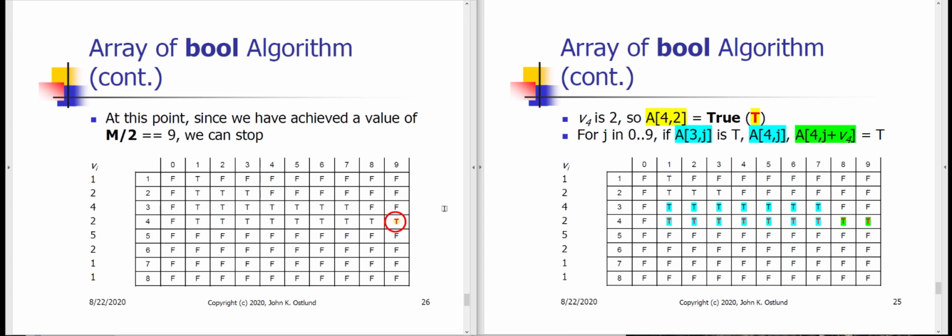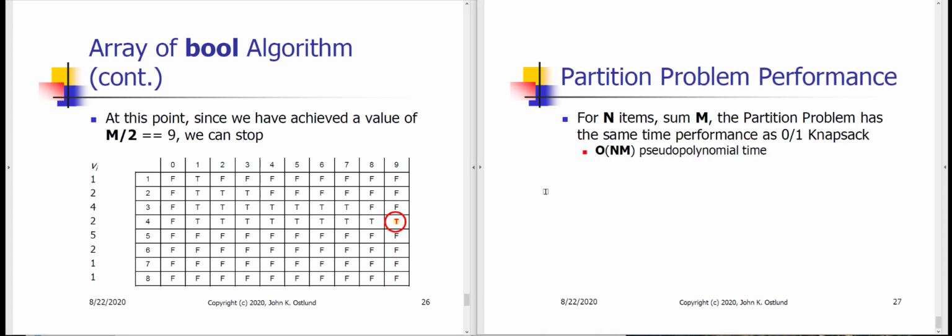In terms of performance, as I said, this is really the knapsack problem. It's just a special form of the knapsack problem. And so its time performance is order of the number of items times the sum of all of the items in the multiset. Now, technically, we're looking for a value of m over 2, but these constant factors of 1/2 or whatever don't really factor into the description of the performance.